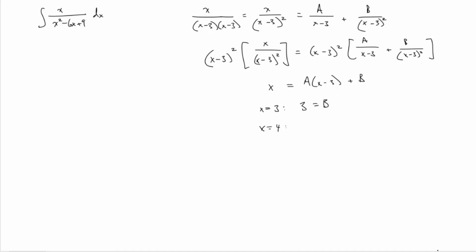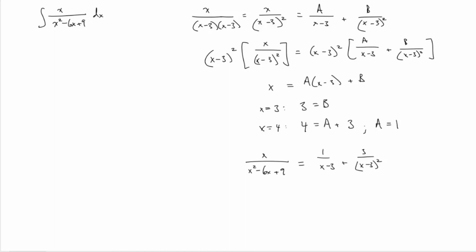I'm going to pick x equals 4 because I like what it does to that term that you're multiplying A by. 4 minus 3 is 1, and so we'll just get a 1A there. And so plugging in x equals 4 and B equals 3, we just get that 4 is equal to A plus 3, and so A is equal to 1.